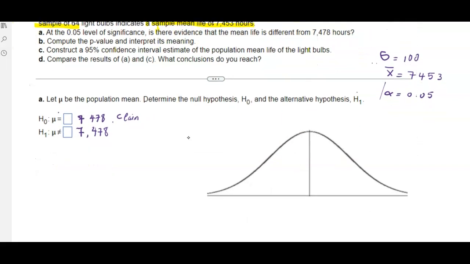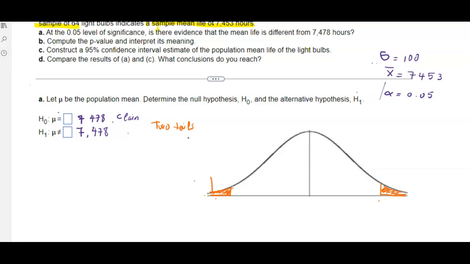So on the graph we have alpha. Obviously, this is a two-tail test. So we're going to have half of alpha here, alpha over 2, and the other half right here, alpha over 2.